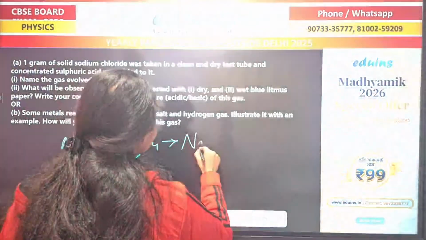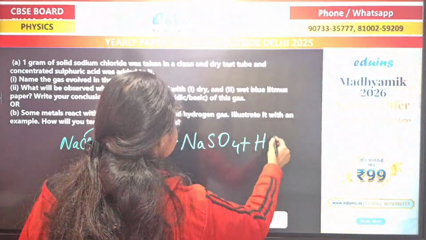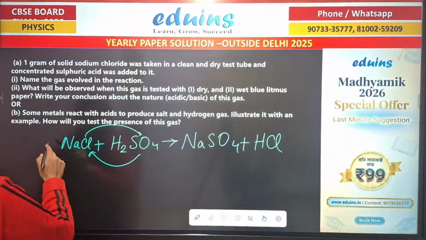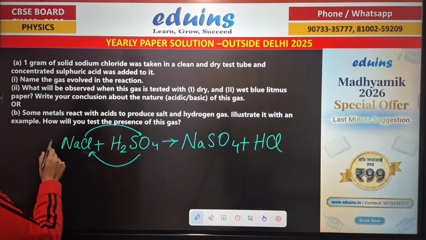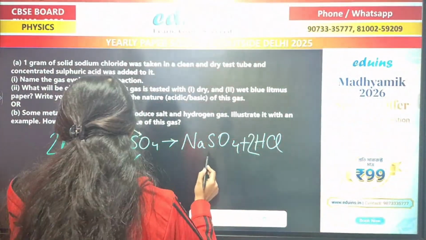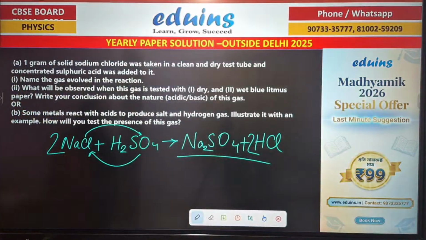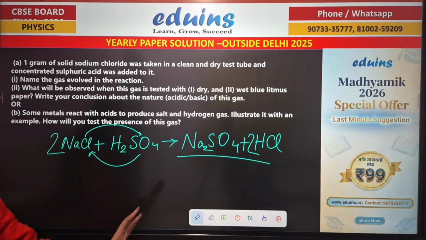So NaHSO4 plus HCl. This is the reaction.